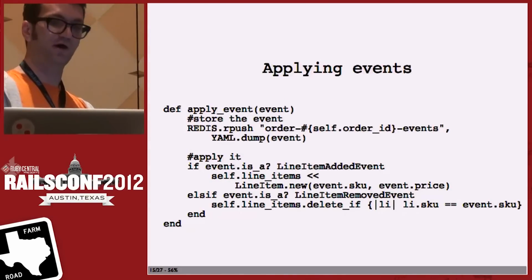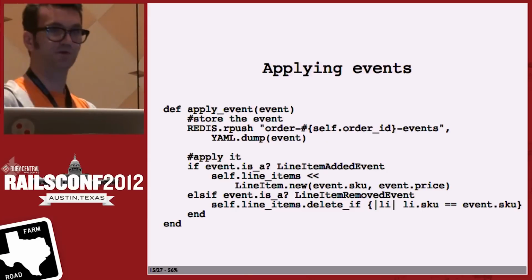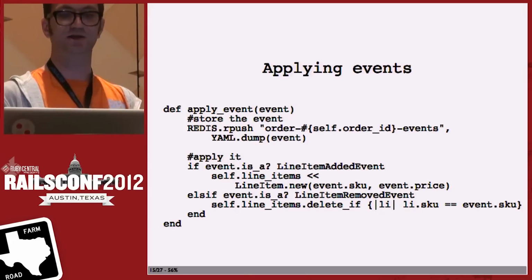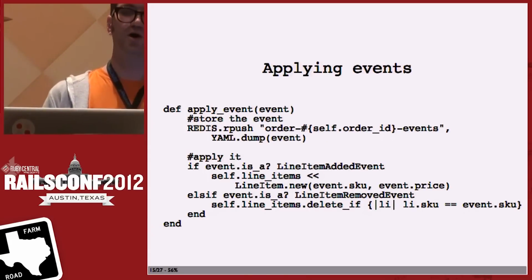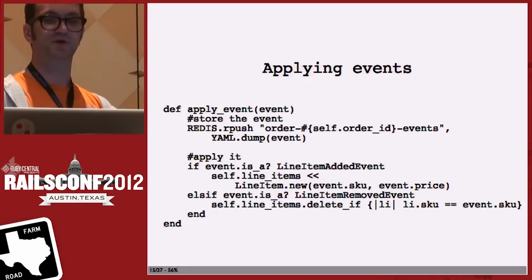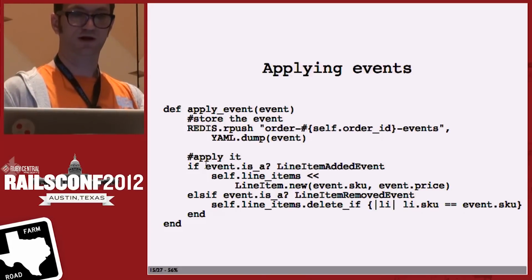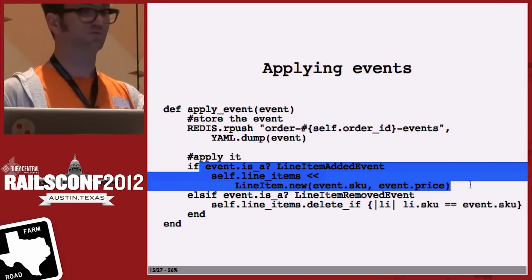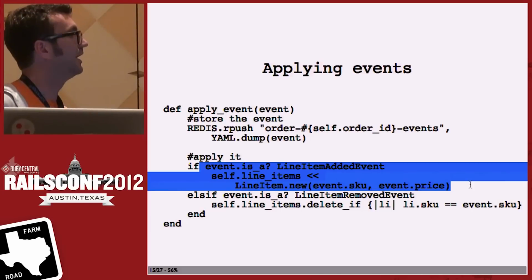So something to notice about this application process is there's not any logic going on once I get inside the block of application. Once I've picked out this, I don't know if that gets highlighted. Yeah, there we go.